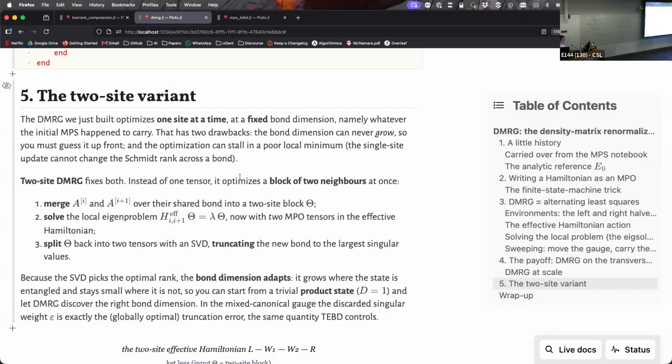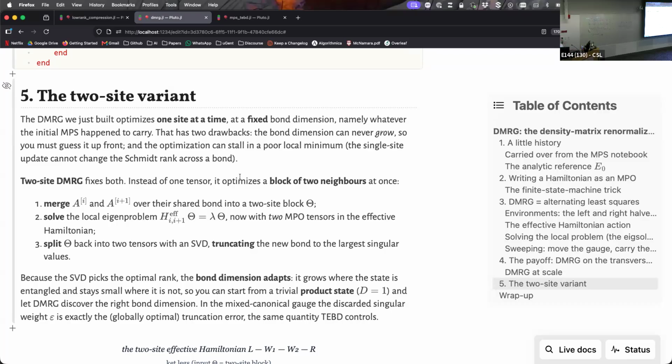This is not very convenient because in general, you don't know in advance how large your bond dimension will have to be. Because you typically say, well, I want something up to a given tolerance, up to a given accuracy. And so one way that this has been extended, and this is the standard way of running DMRG, is: what if instead of focusing on one side at a time, we just focus on two sides at a time?